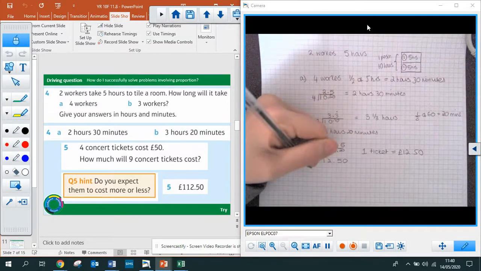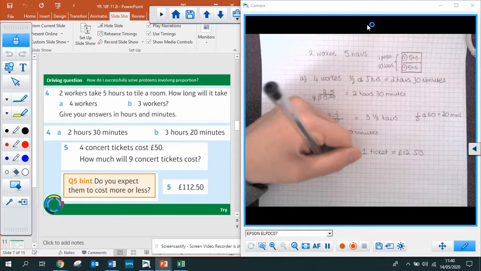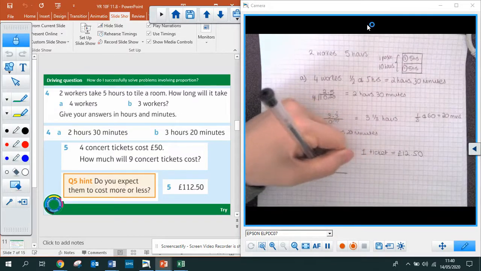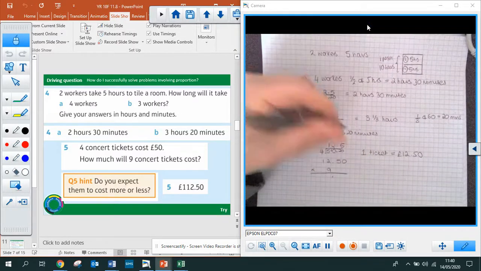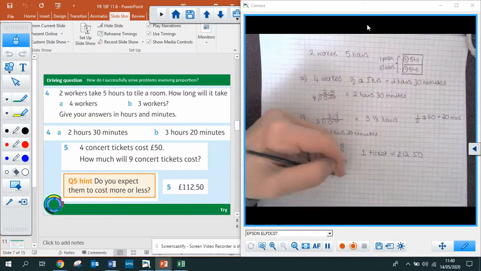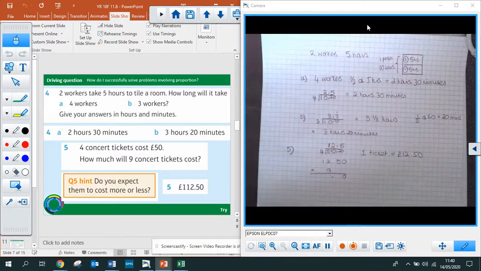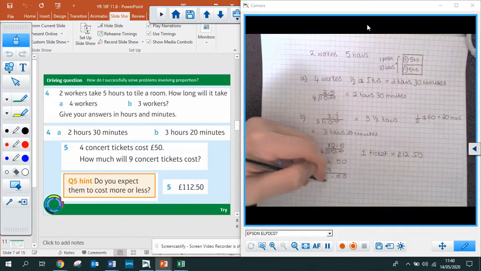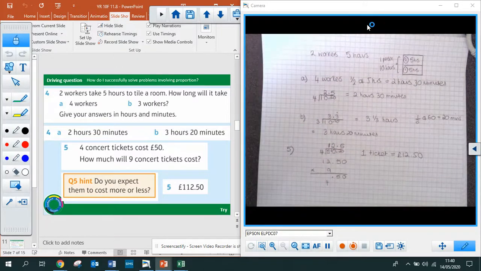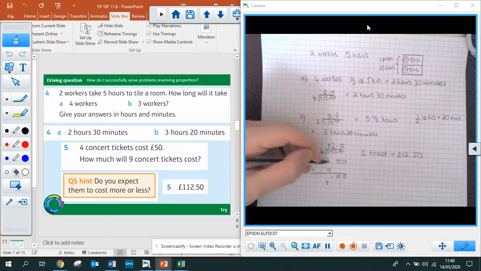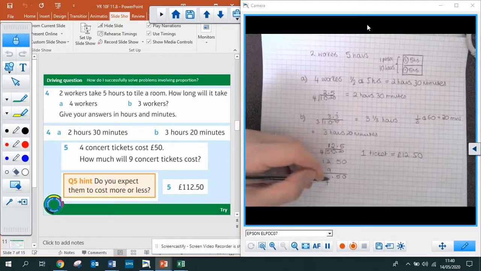I want to know the cost of 9 tickets, so I need to do my £12.50 multiplied by 9. Line up your decimal. 9 times 0 is 0. 9 times 5 is 45, so you put 5 and carry 4. 9 times 2 is 18, plus 4 is 22.